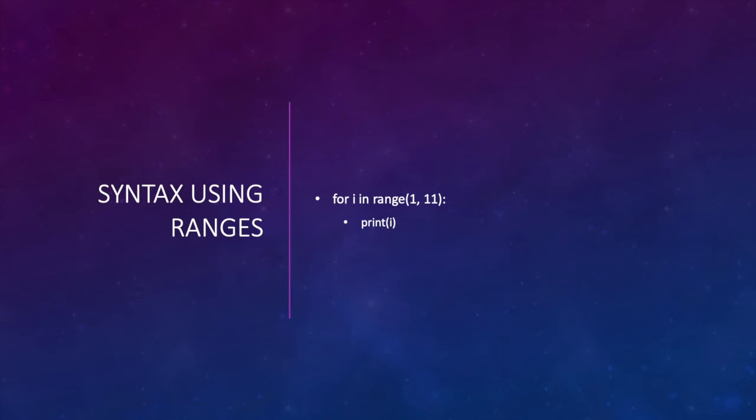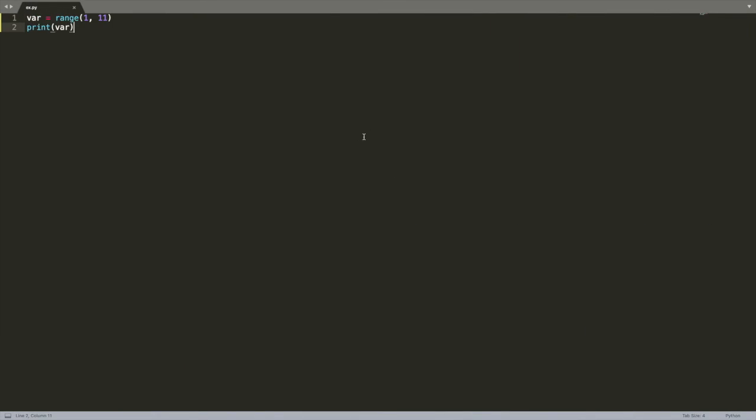So some syntax using ranges. This is what I showed you. For i in range 1 to 11, print i. Let me just show you using that. So for i in, and see here we earlier had x, now we have i. You can make it anything.